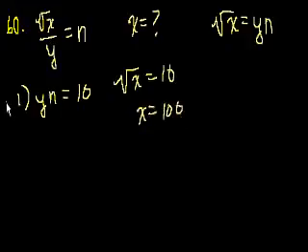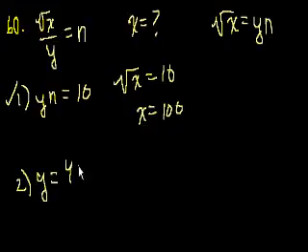So statement 1 alone is enough. Now what does statement 2 do for us? They tell us y is equal to 40 and n is equal to 1/4. Once again, they substituted everything else, so we just have to solve for x. So both of these individually are enough, so the answer is D.